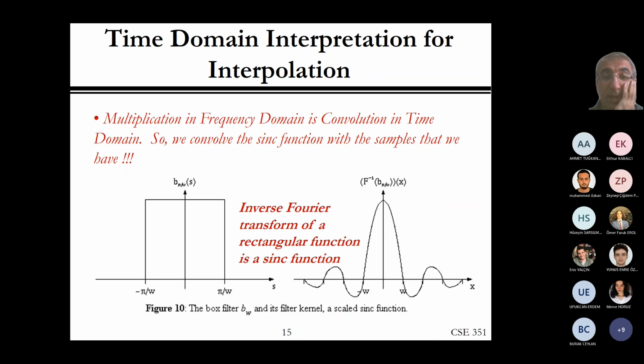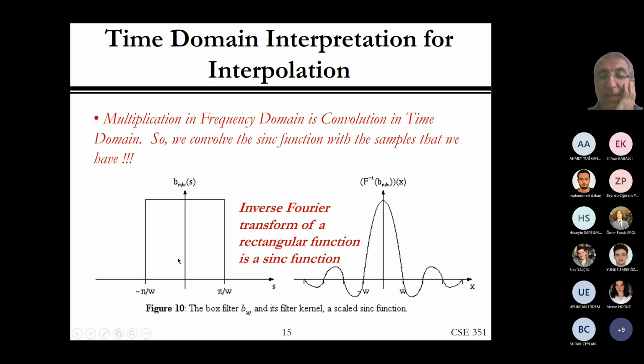So let's look at the time domain interpretation for the interpolation. Because multiplication in frequency domain, we said, is the convolution in time domain, we convolve the sinc function with the samples that we have.